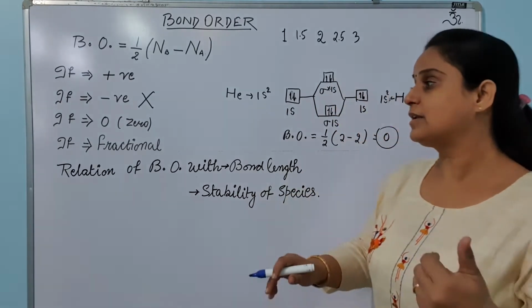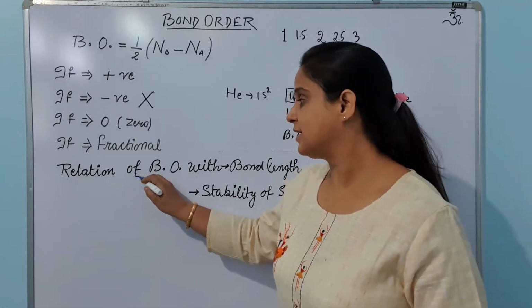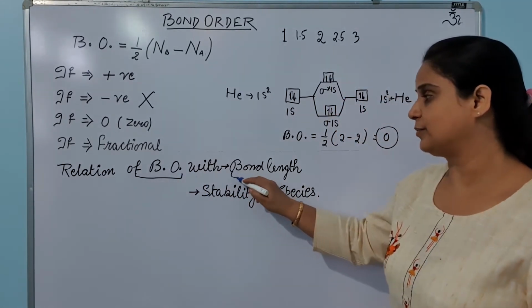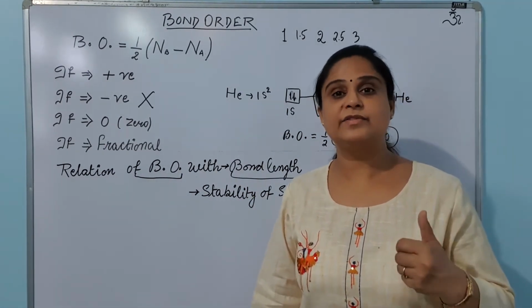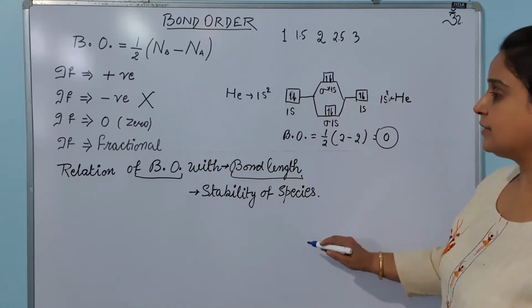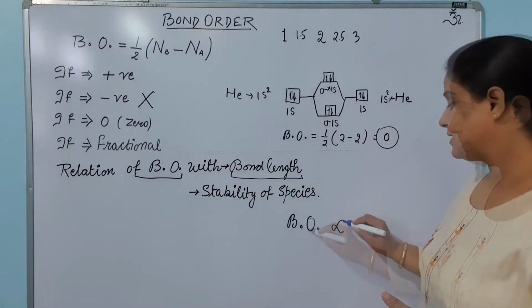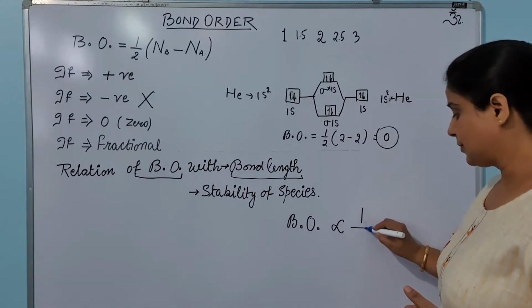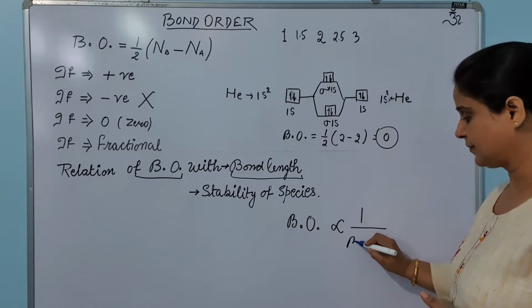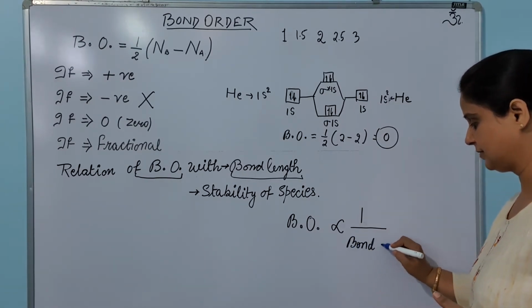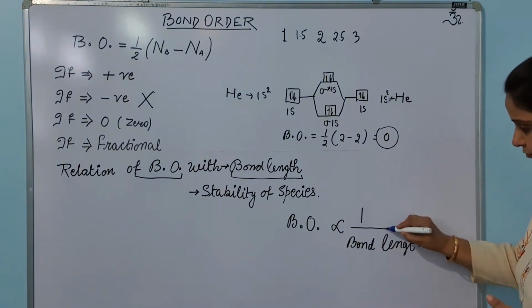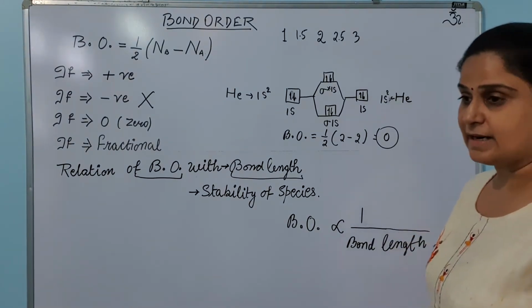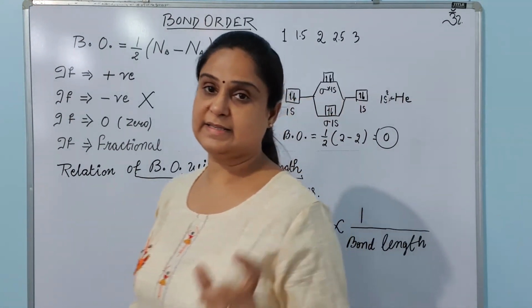Is it okay? Now the third thing is, what is the relationship of the bond order with the bond length? So always remember that bond order is inversely proportional to the bond length. It means that the more the bond order, the less is the bond length.